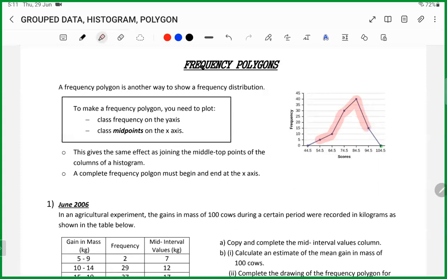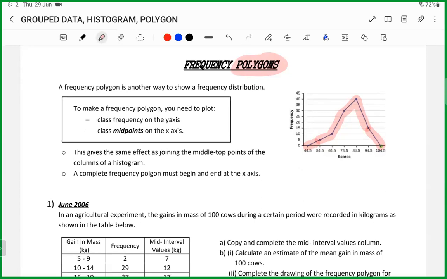Yes, it is possible, but the best practice is to always connect it back to the x-axis. Okay, why is that? Because if you know what a polygon is, you could go in the dictionary or go on Google and look up the word polygon. A polygon is a closed shape with straight sides.